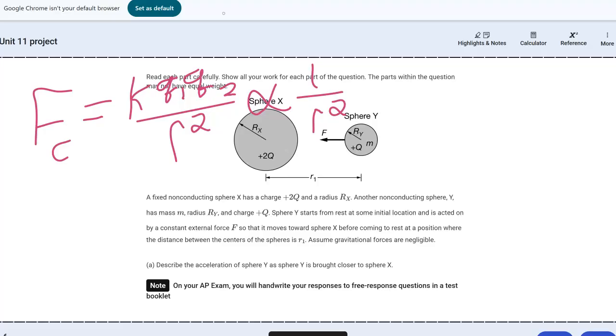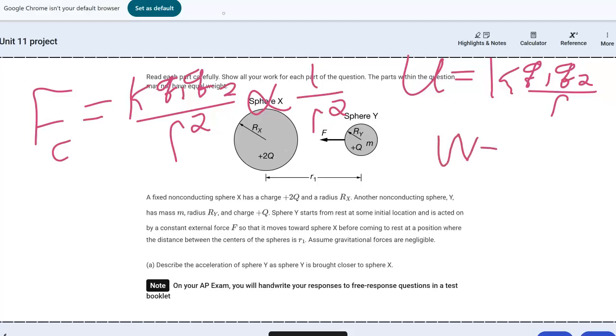We need to know electric potential energy is U equals K Q1 Q2 over R. We're going to need to know work is change in potential energy.